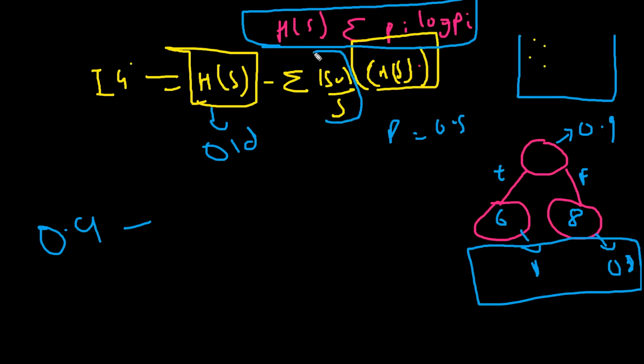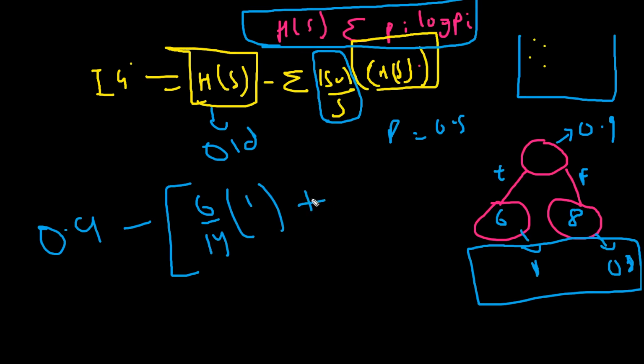And what is this? This is the ratio in which we are splitting the data, because we want to scale our data. As we have 6 examples here, we multiply by 6 by 14, and the entropy is going to be 1.